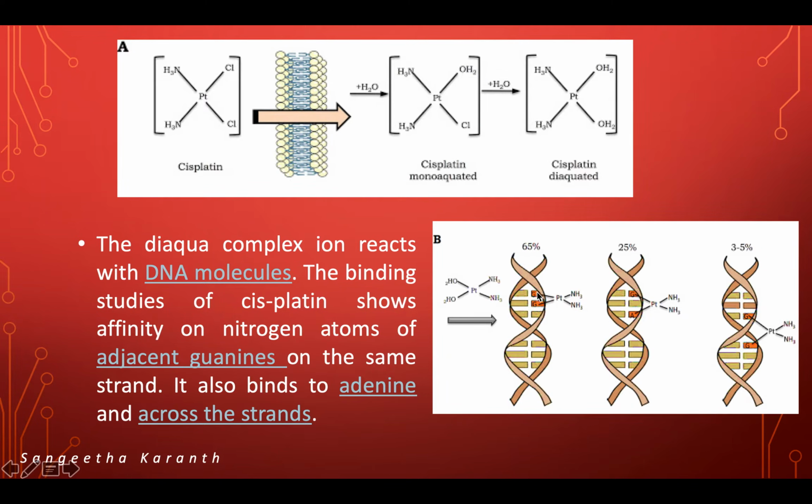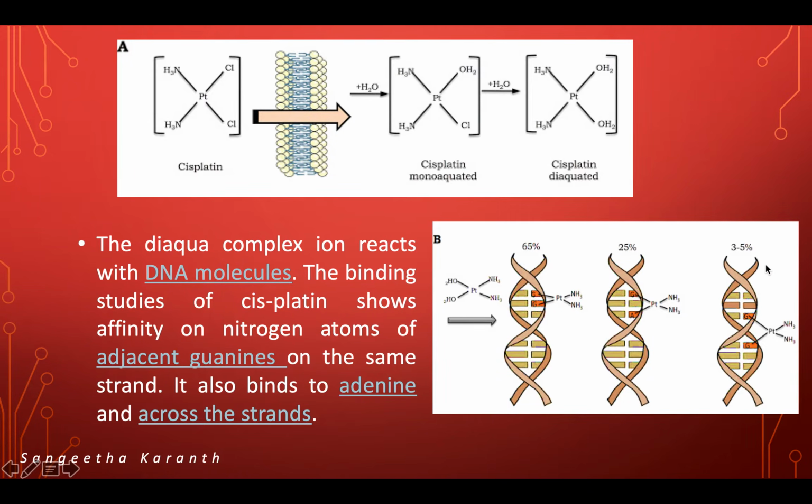So one possibility is two guanine residues which are adjacent to each other and belong to the same strand. One more possibility is that it can coordinate with a guanine and an adenine of the same strand, and these two may not be adjacent to each other.